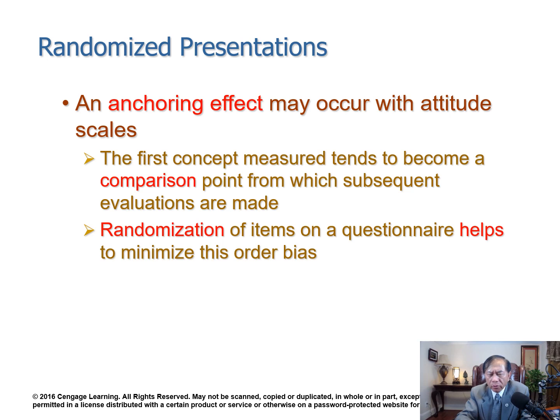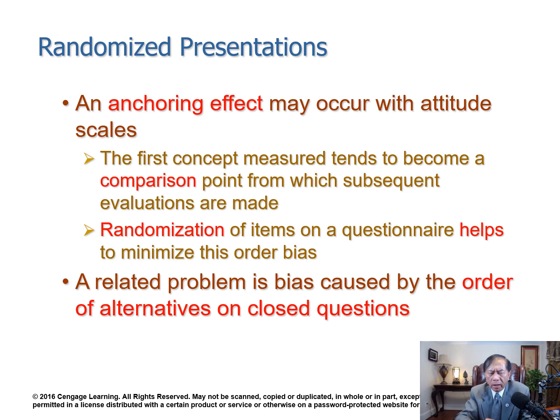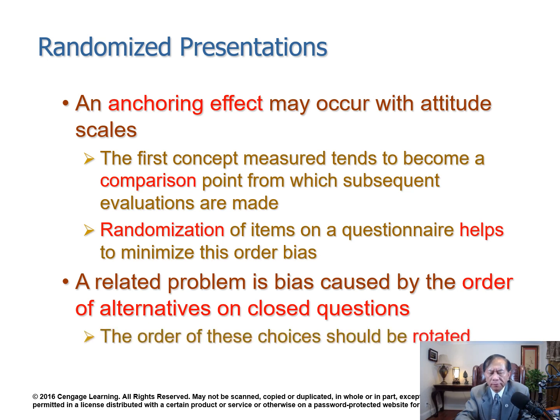Randomization of items on questionnaires helps to minimize this order bias. A related problem is the bias caused by the order of alternatives on closed questions. The order of these choices should be randomized.